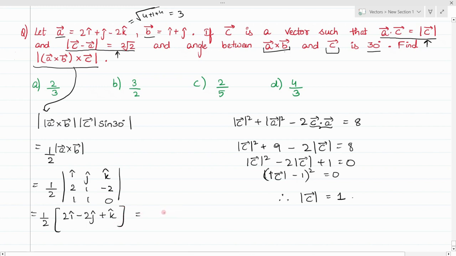And when you divide this by 2, you'll get I cap minus J plus K cap by 2. What will be its magnitude? Because in answer, we need to find the magnitude, right? So it becomes under root 1 plus 1 plus 1 by 4, which is nothing but under root 9 by 4, which is 3 by 2. So 3 by 2 is the required answer to this question.